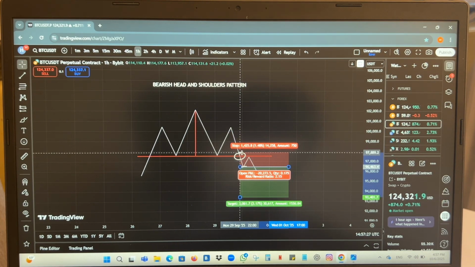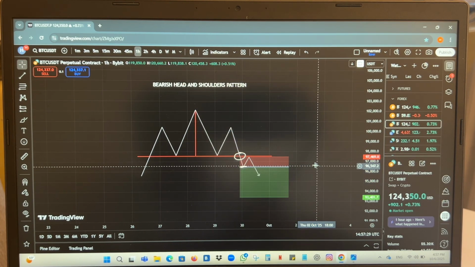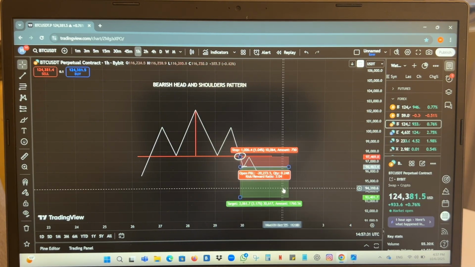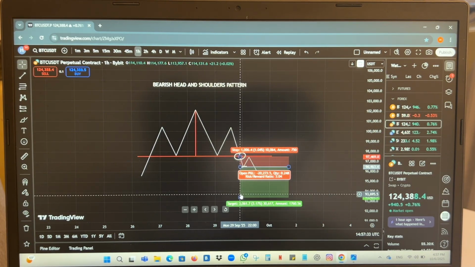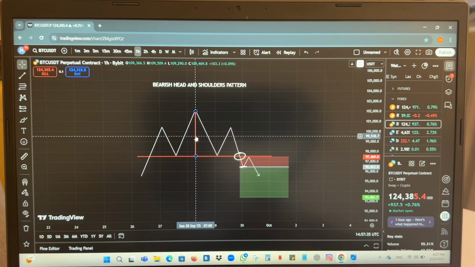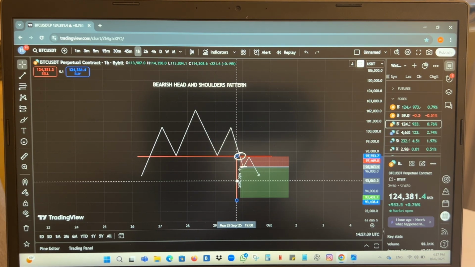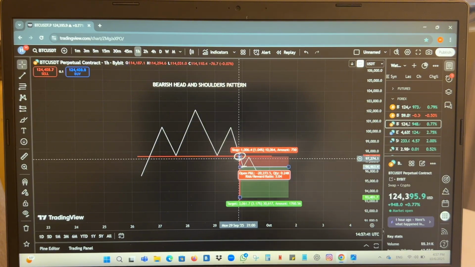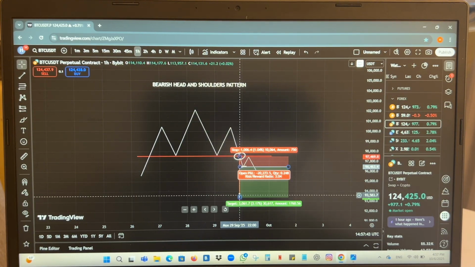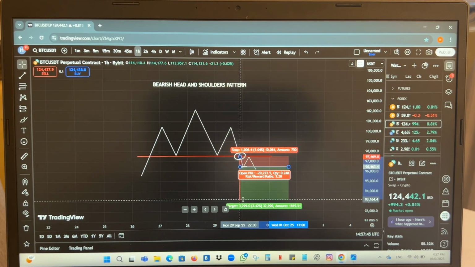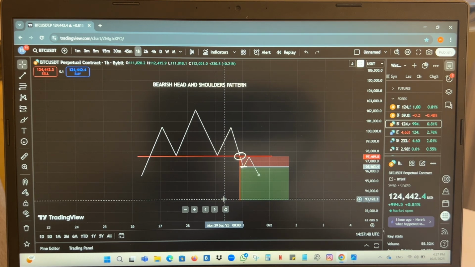Now you go to the market, you bring your stop loss to this level, to its retest, and for the TP, like I mentioned before, you bring this level to the break point here, and then you bring your take profit to its lowest level.